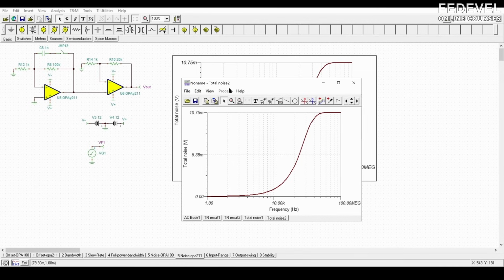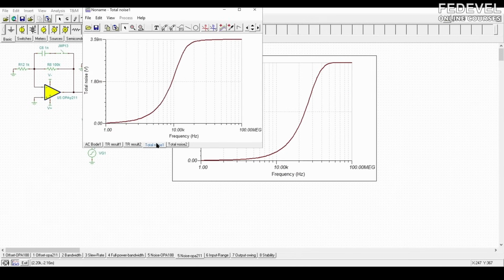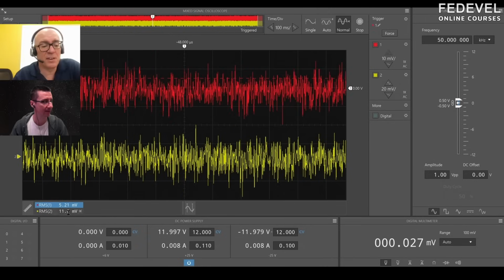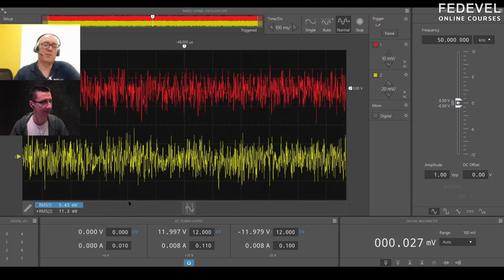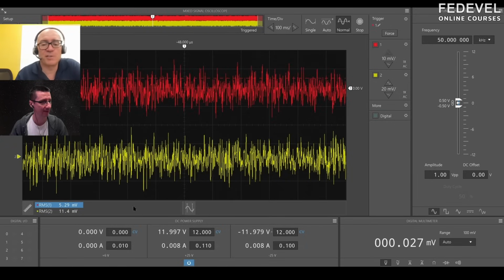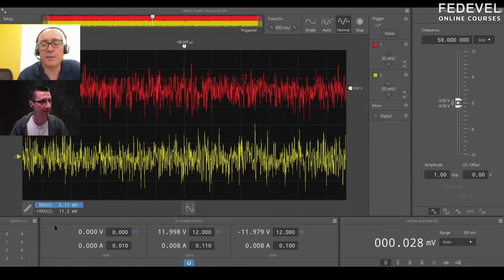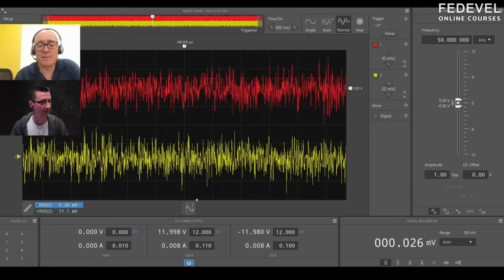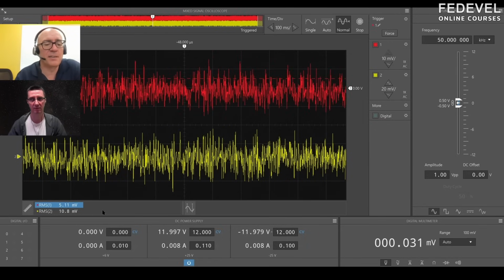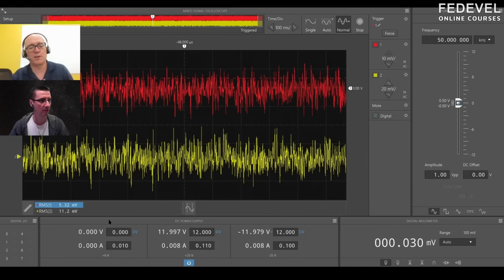So 3.5 and 10.7. And so we go back here and we get about 5 and 11. So is it perfect? No, but the measurement instrument does have some limits to it, and then there's always going to be some process variation. But it's pretty close.